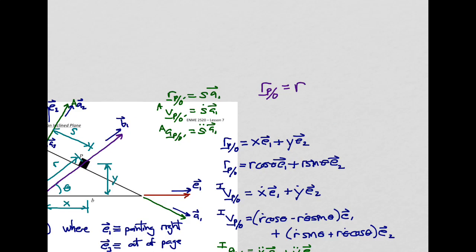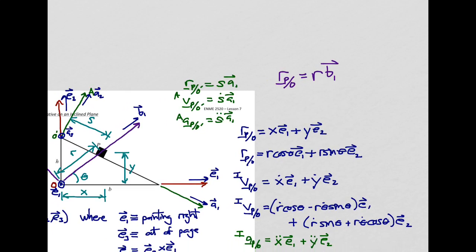So R is the scalar, B1 is our direction. So now that's our vector of P with respect to O observed in this basis.